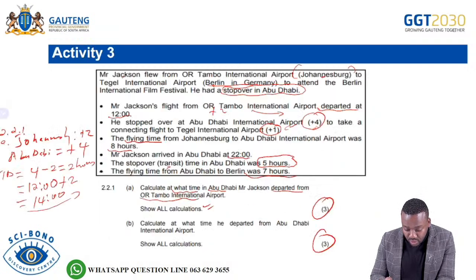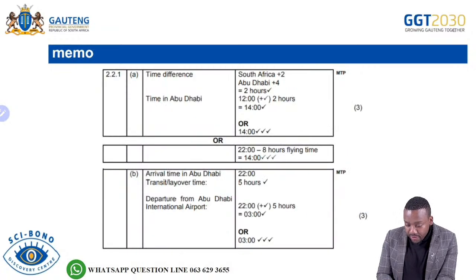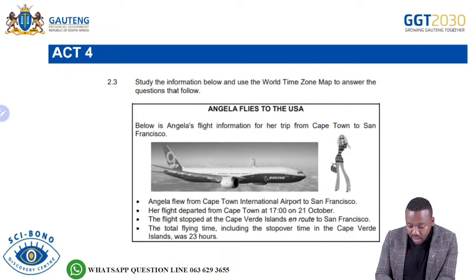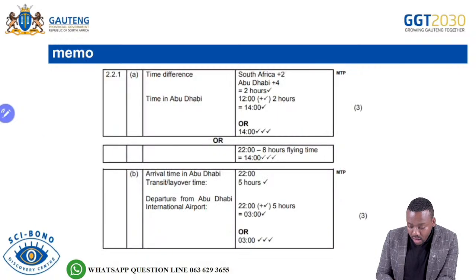We check if I did that. There's our time zone. Step 2, calculate what? Time difference. There it is on the map. How do they get this 2? They said 4 minus 2. Yes, 4 minus 2, there it is. Then they said 12 hours plus 2, there it is. Then we got your 14 hours.